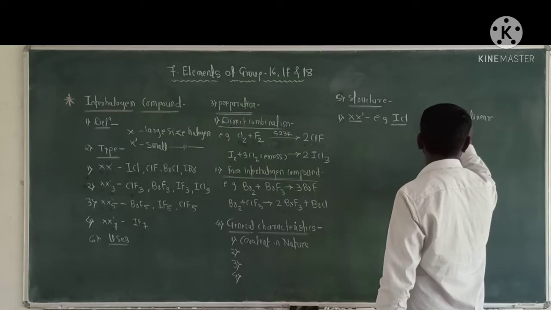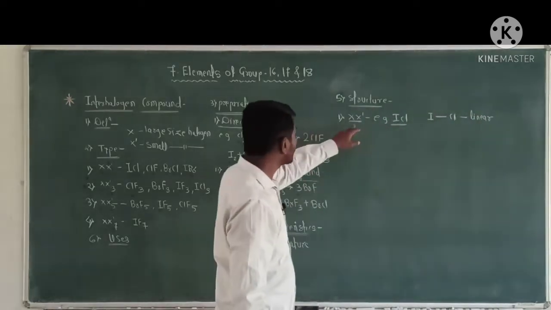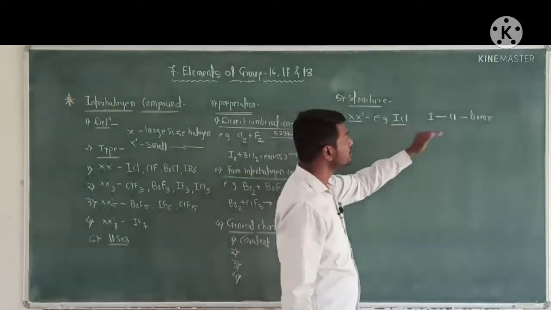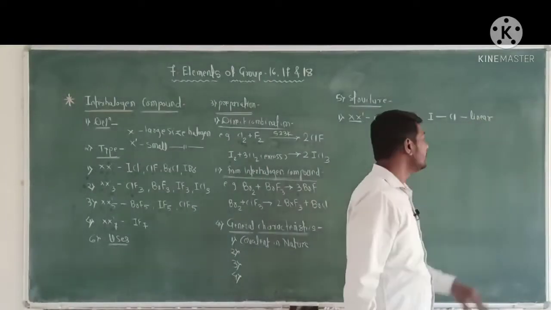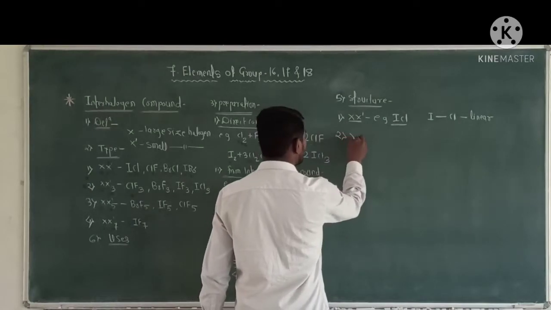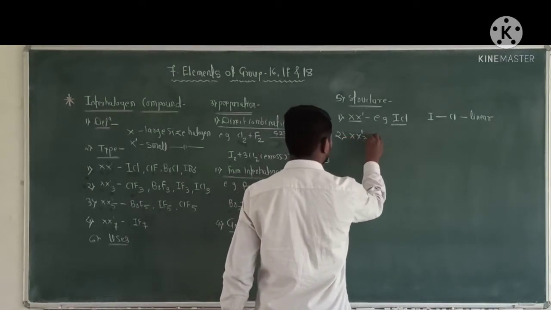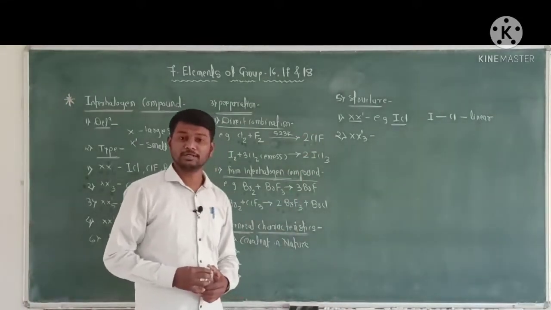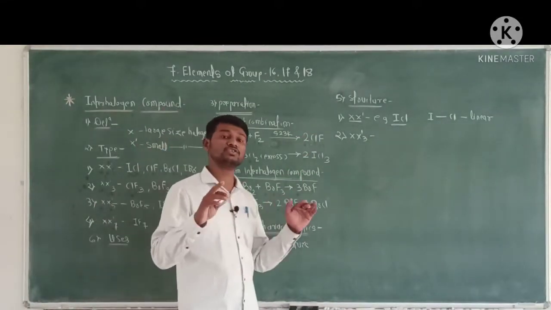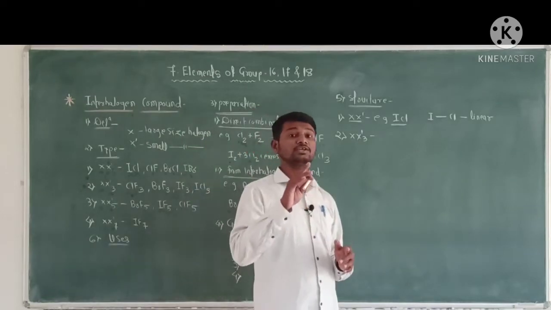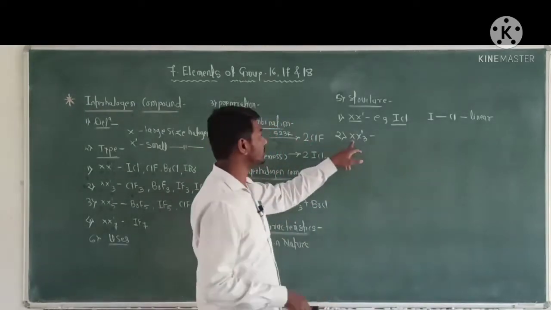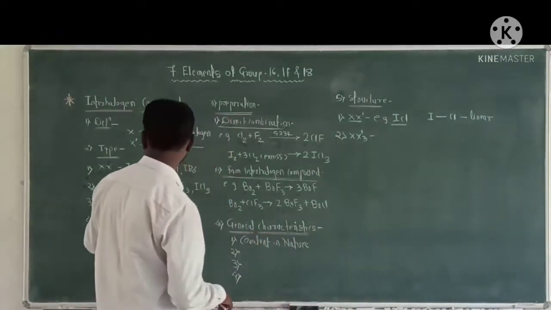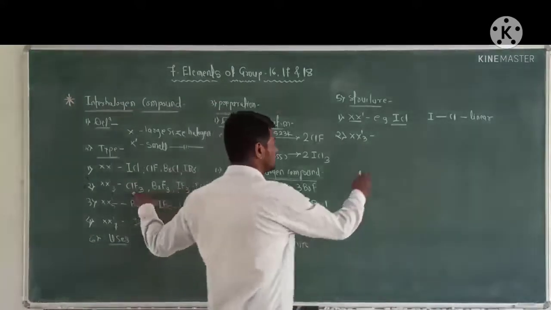Second, X X dash 3. This type of interhalogen compound has a bent T-shaped structure, and the central atom has sp3d hybridization. For example, ClF3.